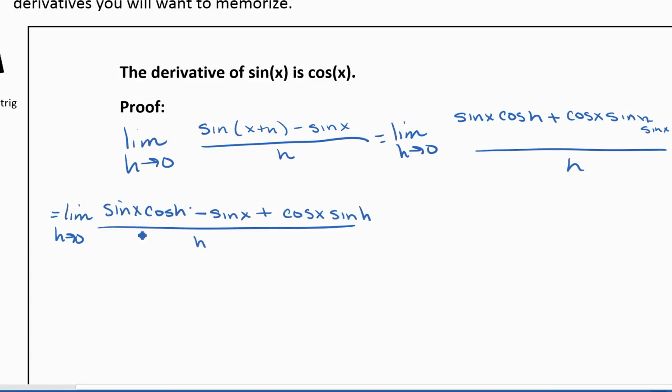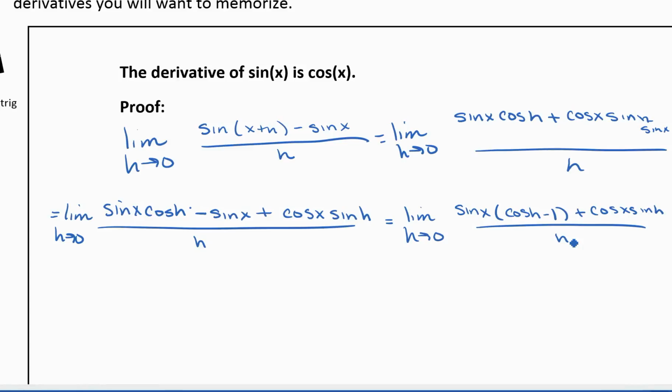and I'm going to pull out the sine of x. So here we'd have cosine of h minus 1 plus cosine of x sine of h all over h. Now we're actually going to break this into 2 limits because we can break this into 2 fractions where they're both over h.